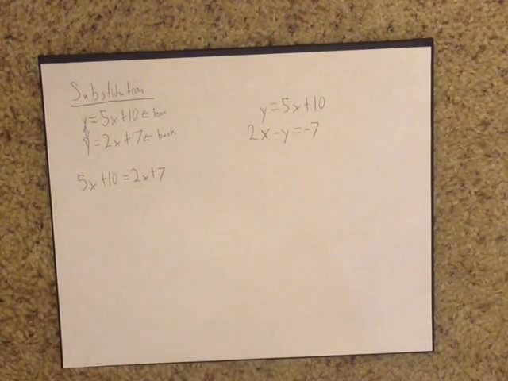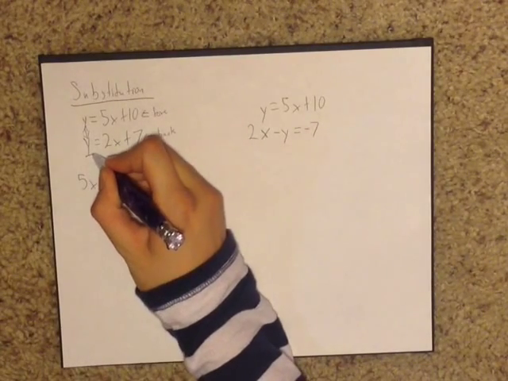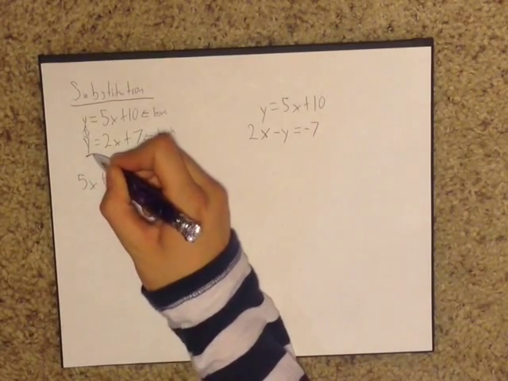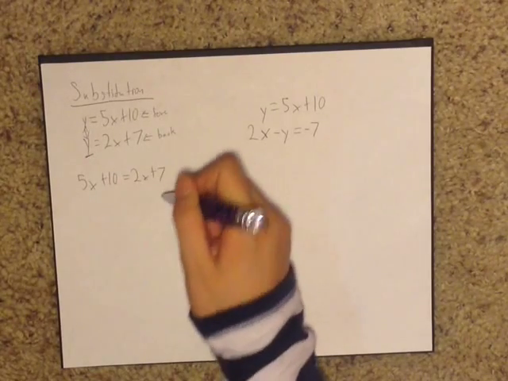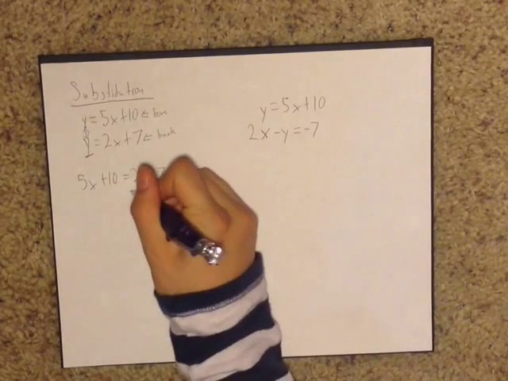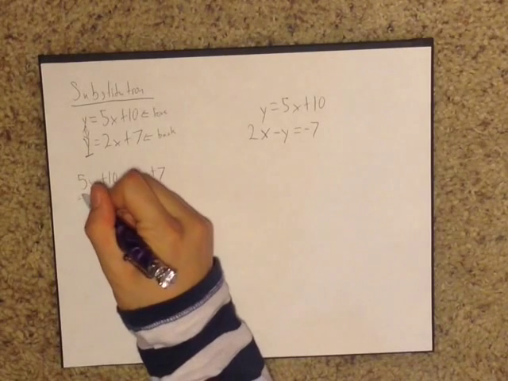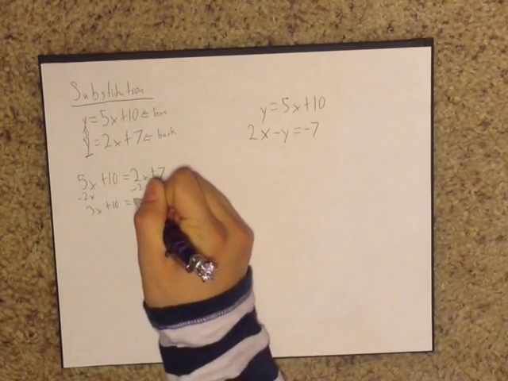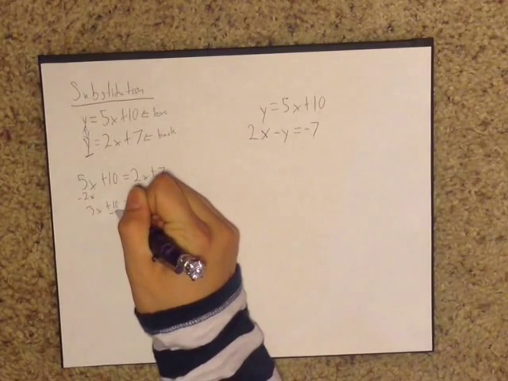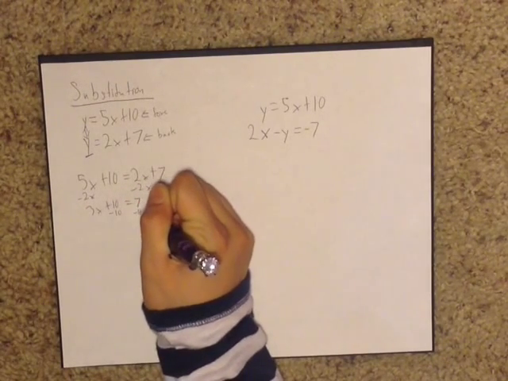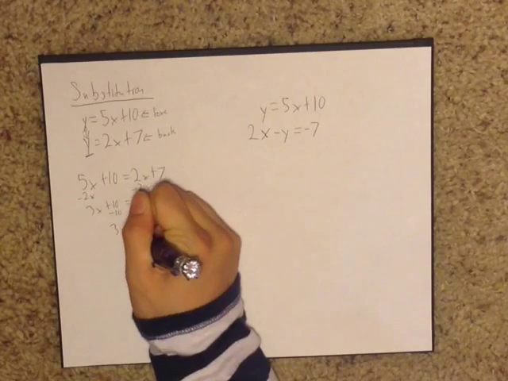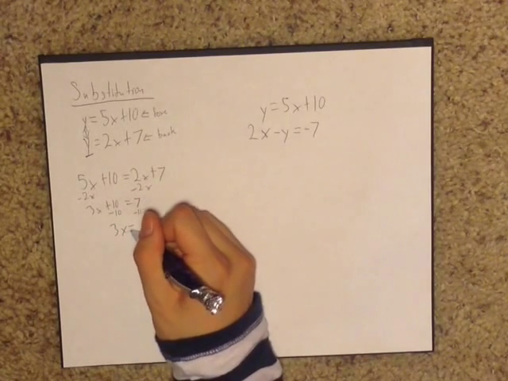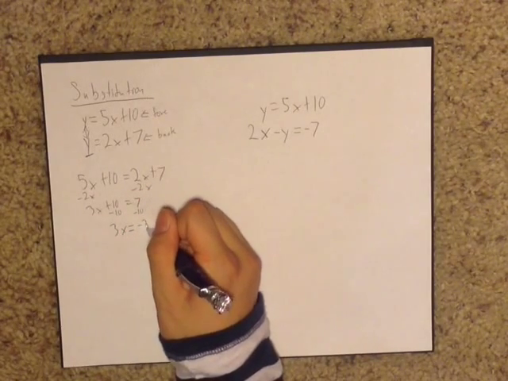So, this is not going to solve for the y because there's no y in this equation. So, if we subtract the 2x, and we're going to subtract the 10, we get the solution 3 equals -3.